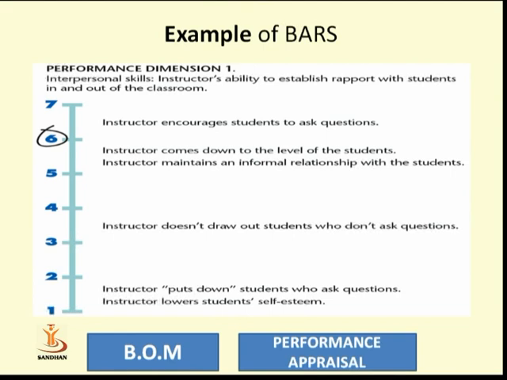So whatever the rating comes out to be, here it is marked as a 6. That means on the 7-point scale, the students rated the interpersonal skills of an instructor at 6.